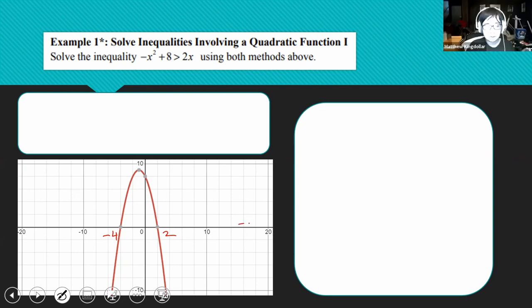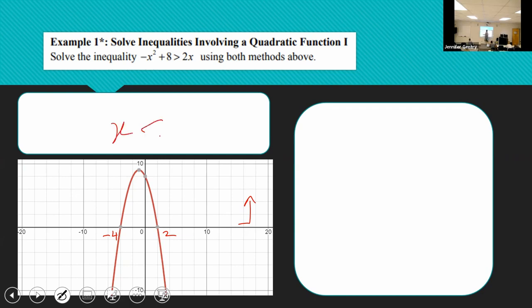So, what notation? Where would that be positive? X is between what? -4 and 2. Okay? It's not equal to because your original is not equal to. Okay, you follow what the original is.